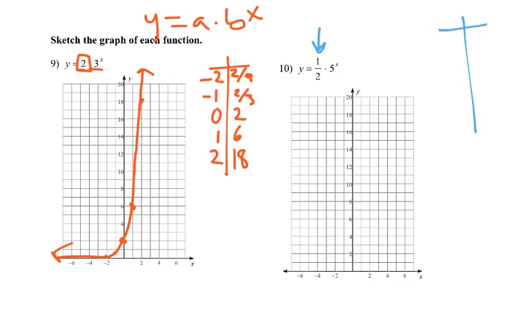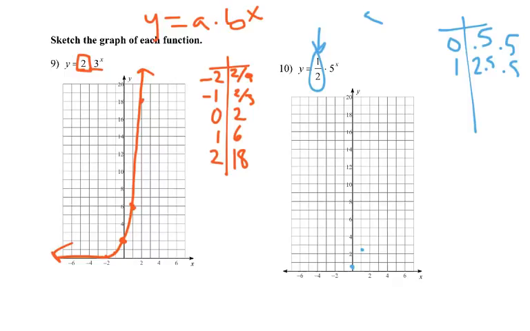Okay. Alright, now, oh no, we've got a fraction. No big deal. That's our starting number, so we start at 0.5. If you have to, change it into a decimal. So at 0, we start at 0.5. Then I'm timesing by 5 each time. Well, 0.5 times 5 is 2.5. So we'd go up to about 2.5.